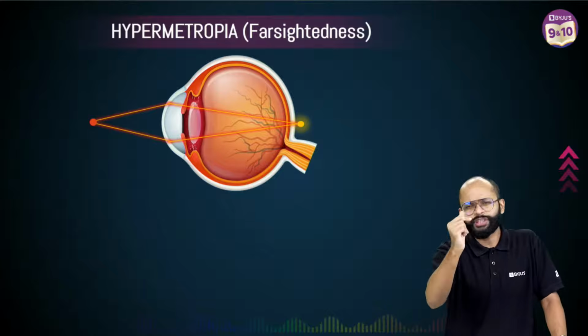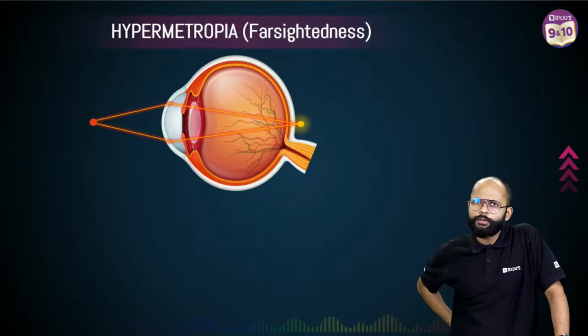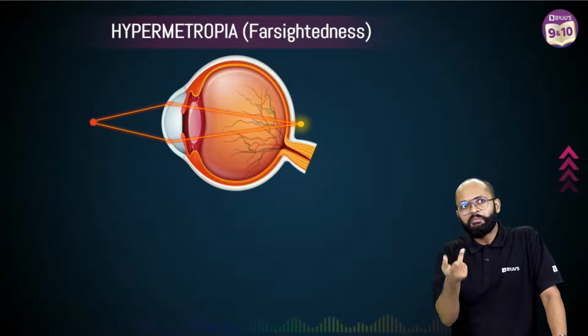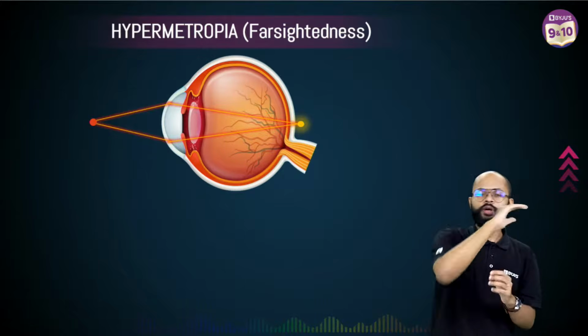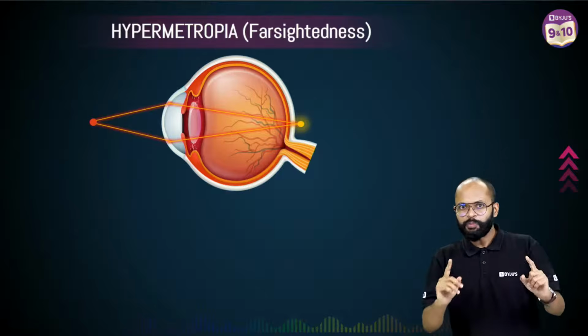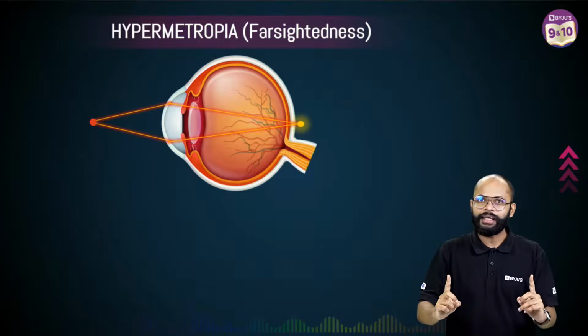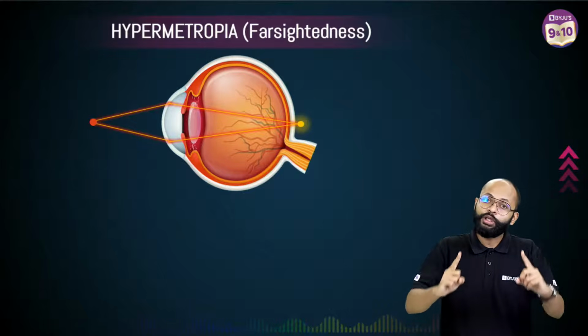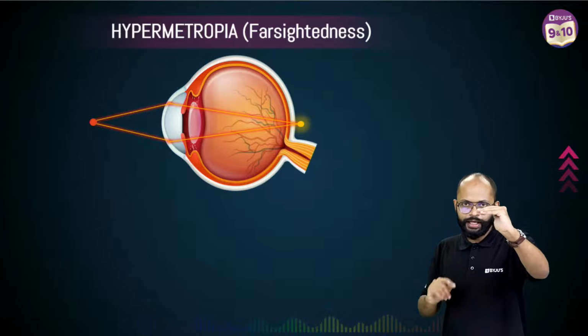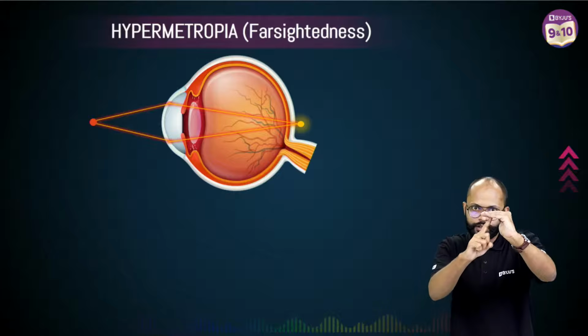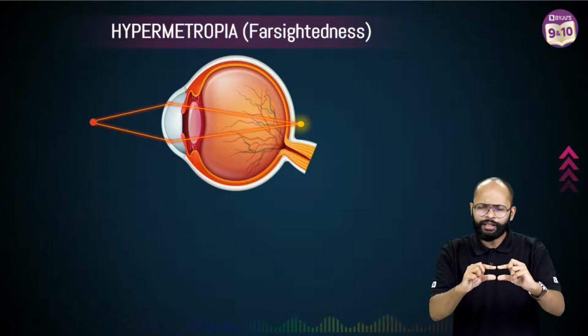The lens is not able to become thick. It is still thin. Means it is not able to converge more. Okay, if it is not able to converge more, what does it mean? It means the light rays are meeting beyond the screen. Let's say this is my screen, and I want the light rays to converge to this point, but the lens is not thick, it is thin.